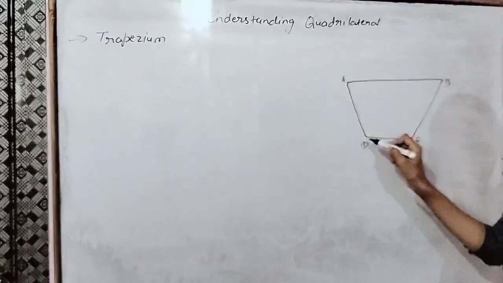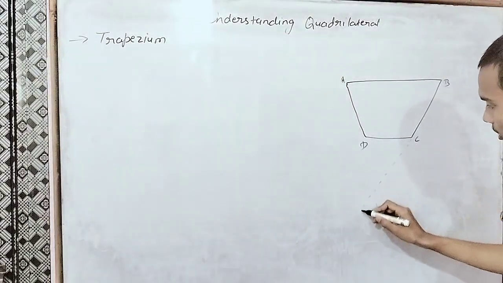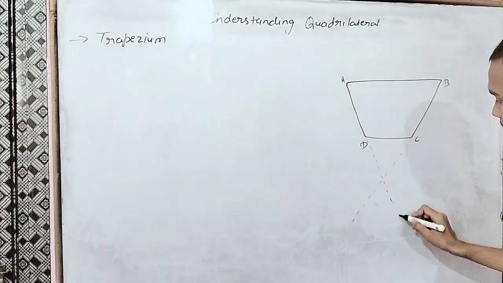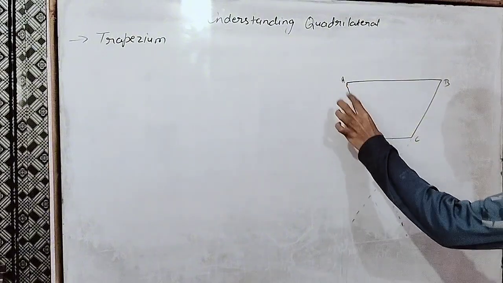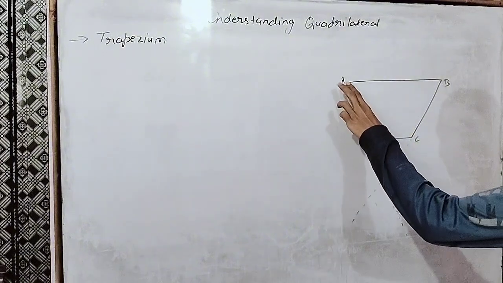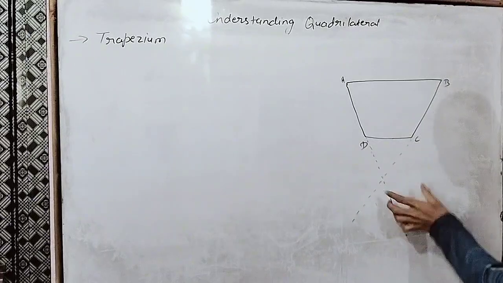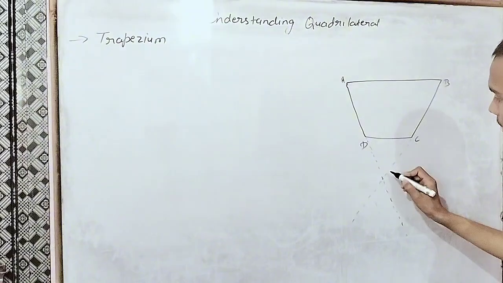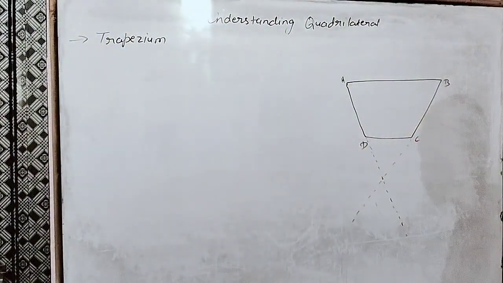But what about AD and BC? Here, if we extend the lines AD and BC as imaginary lines, we can see where they go. Both lines intersect each other here.